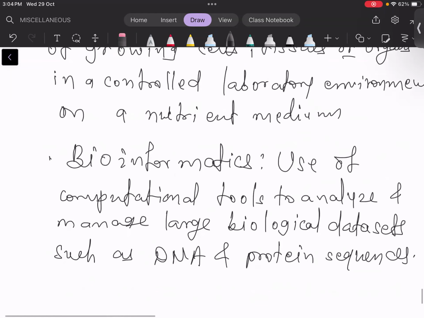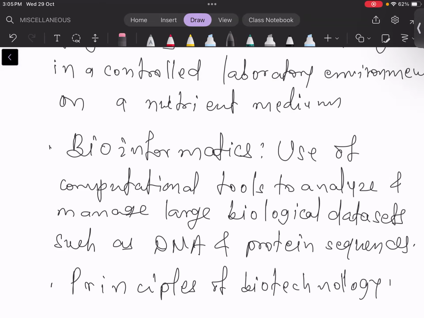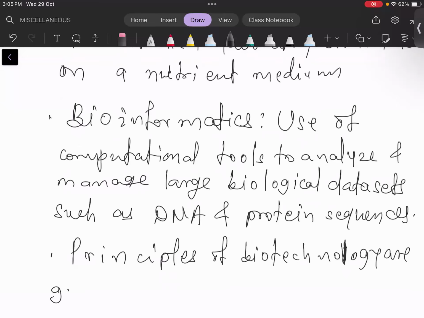So the principles of biotechnology are genetic engineering and bioprocess engineering.